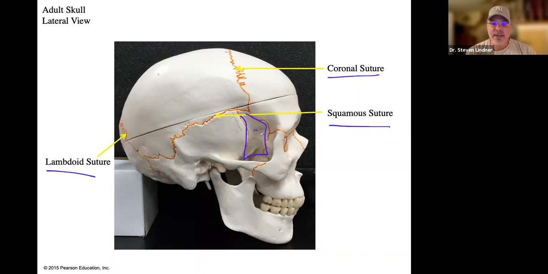So I'll put an S here for sphenoid bone. We'll put a P for parietal bone, frontal bone, temporal bone, and occipital bone. And we'll put an M here for mandible. Up here, the upper jaw is the maxilla. Okay.